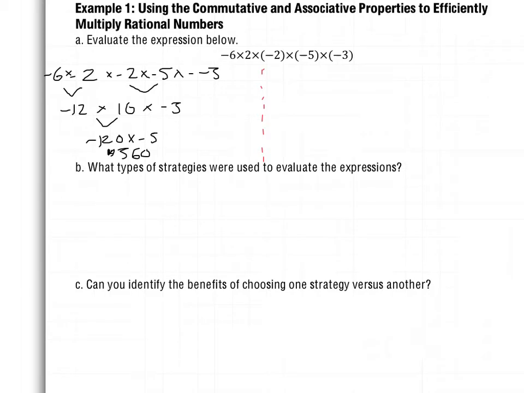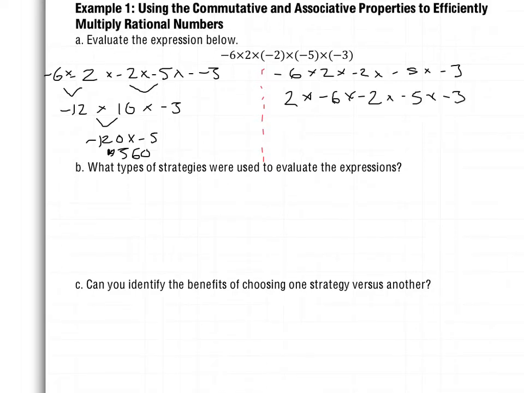So other strategies I often see used are people using the commutative or associative property. Negative 6 times 2 times negative 2 times negative 5 times negative 3. A lot of people will like to pair up all of their negatives, so they might go ahead and commute 2 times negative 6 times negative 2 times negative 5 times negative 3.